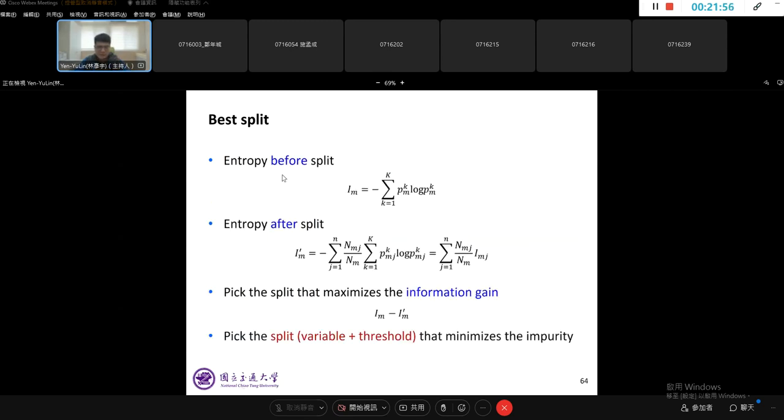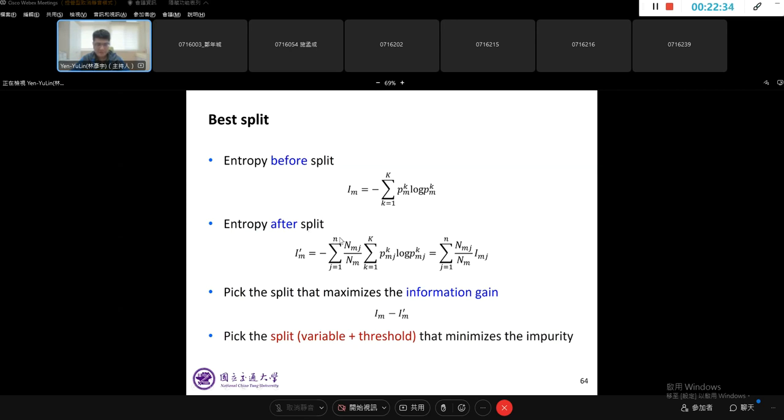I use this slide to summarize what I told in the previous slides. First of all, let's look at some particular decision node M. Before split, we calculate its entropy. I have specified the meaning of this equation. So it is the entropy before split. In the previous slide, we also talked about the entropy after split.